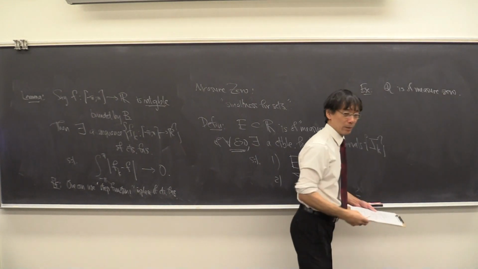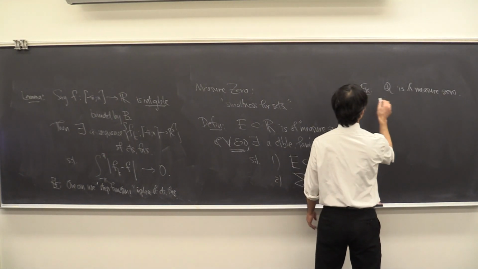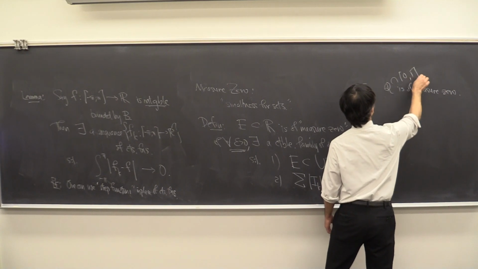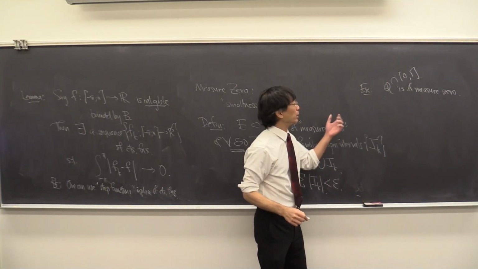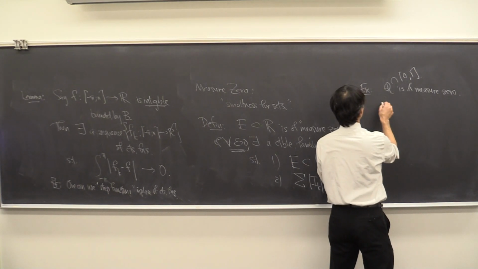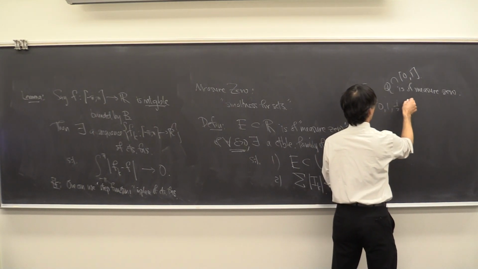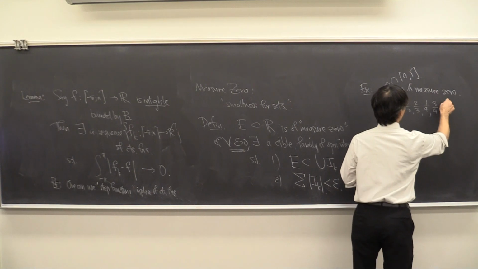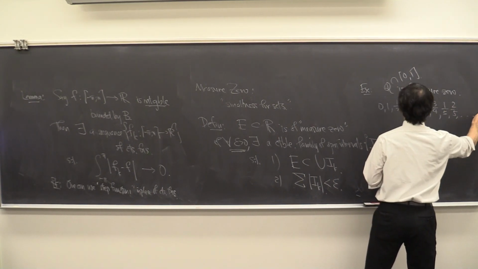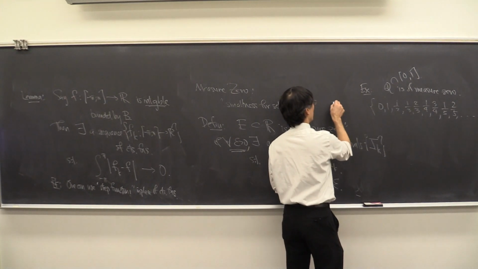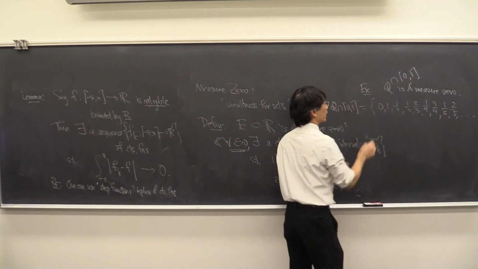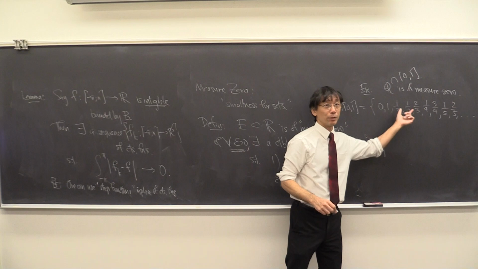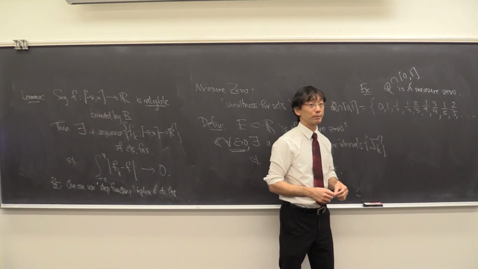Let's think about the rational numbers in the unit interval. They look like 0, 1, 1/2, 1/3, 2/3, 1/4, 3/4, 1/5, 2/5, etc. The rationals in 0, 1 are countable. You can make a sequence that hits every single rational in 0, 1.